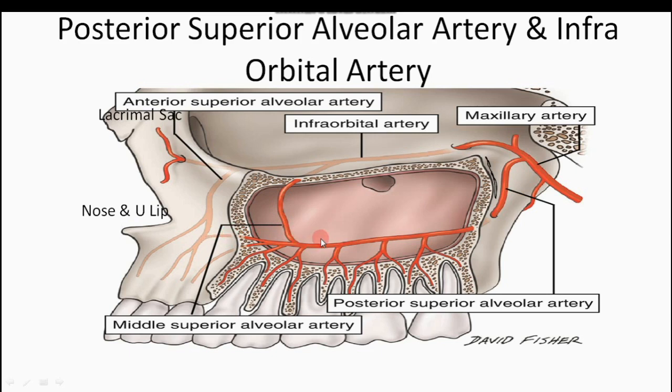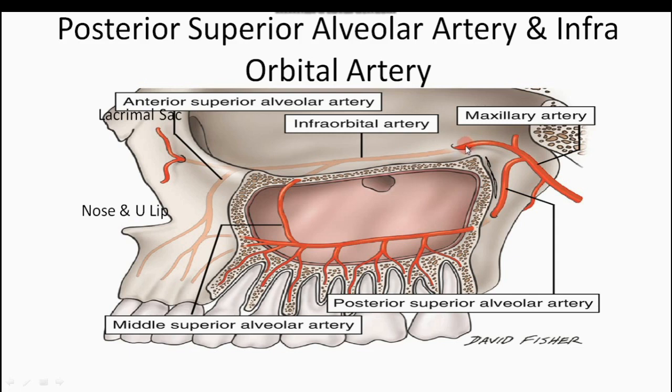Now this is the posterior superior alveolar artery, whereas the infraorbital artery enters from the infraorbital fissure. Here is the fissure.